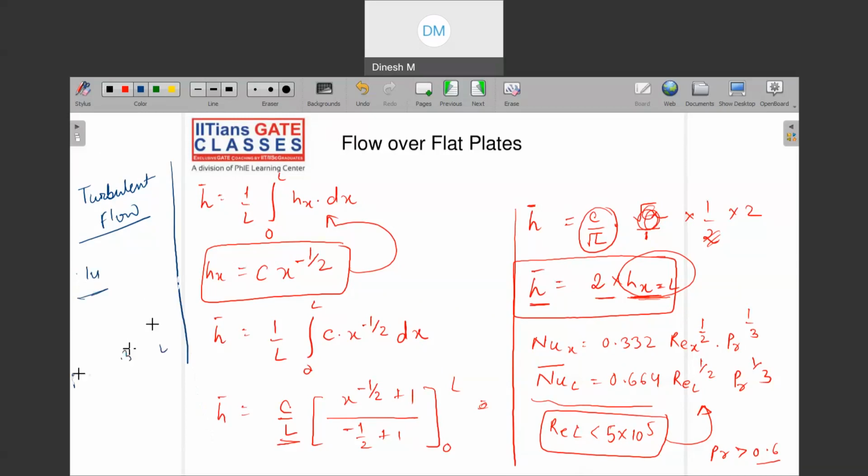This relationship is valid for turbulent flow. For this one, your Prandtl number range is what? Your Prandtl number starts from 0.6 and travels onward, and your Reynolds number is between 5 into 10 to the power 5 and 10 to the power 7.